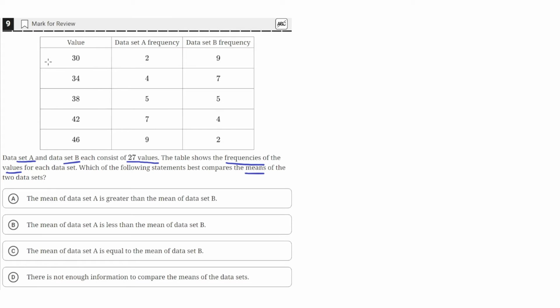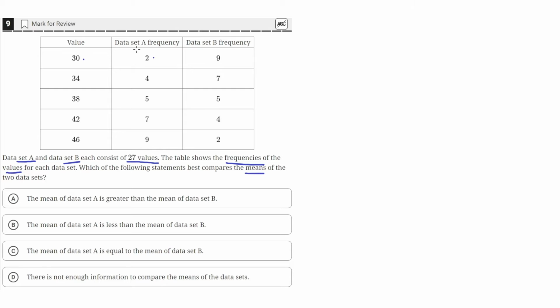So we have this table here that shows us the values, which are 30, 34, 38, 42, and 46, and then the frequency for each dataset. So here, this 2 says that dataset A has 2 30s in it, and that dataset B here, the 9 says that dataset B has 9 occurrences of the value 30.